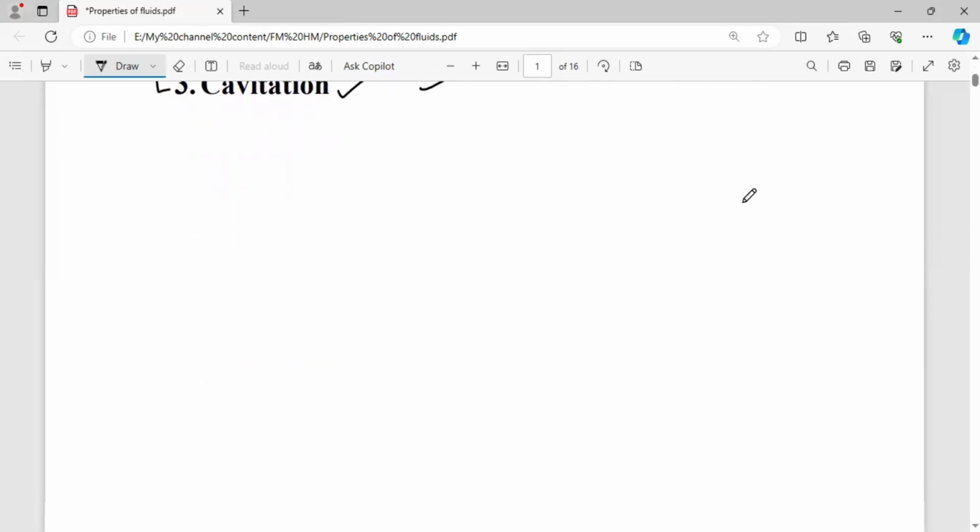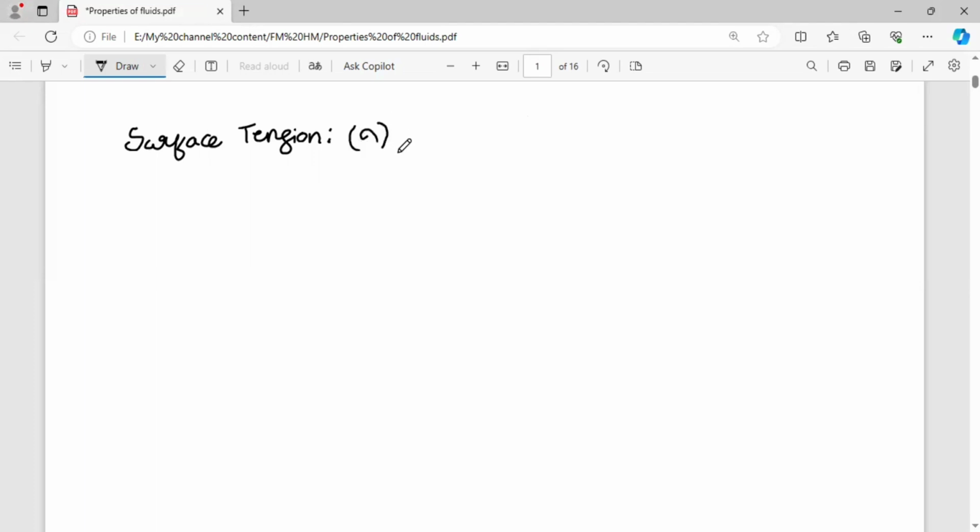So now let us go to surface tension. From the fundamentals I will explain. Please follow the channel. Surface tension is symbolically represented by sigma.